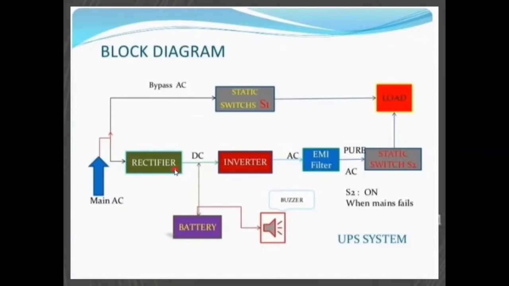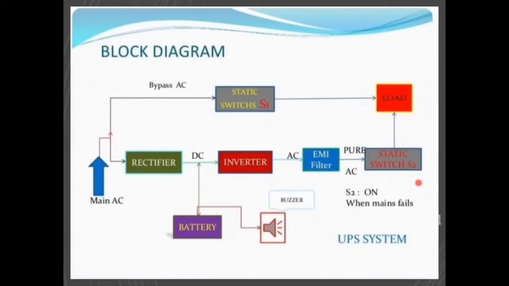Then after the rectifier converts AC to DC, that DC will charge the battery, and that DC will connect to the inverter circuit or inverter block. The inverter block converts DC into AC, and through the EMI filter that is going to connect to the static switch S2, that is also pure AC.